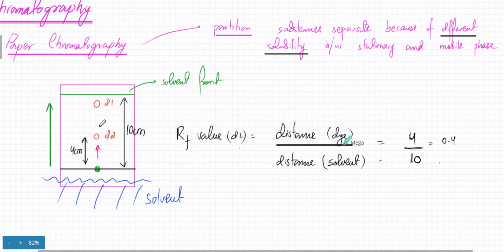If it travels somewhere in the middle, it would be around 0.5. If it's 0.9 or 0.95 or 0.8, that means it's right at the top, solvent के बिल्कुल साथ साथ है. If it's 0.1, 0.2, it would be somewhere at the bottom. If it's 0.5, it's somewhere in the middle. Okay, so remember that as well.